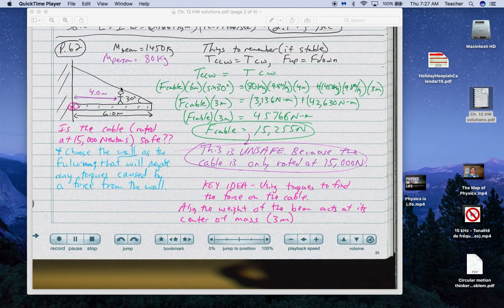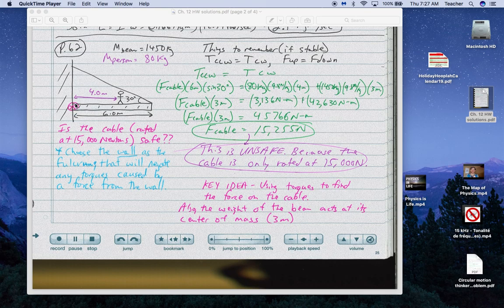What you should recognize is the cable is going to have tension because it's holding up the beam. The beam's center of mass acts here. As the person gets farther and farther from the wall, they're going to create more clockwise torque, and therefore the rope is going to have to pull with more tension to oppose that. So things to remember: clockwise torque equals counterclockwise torque, downward force equals upward force.